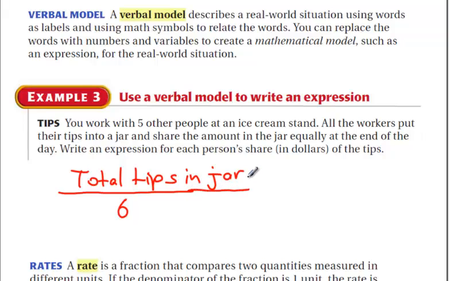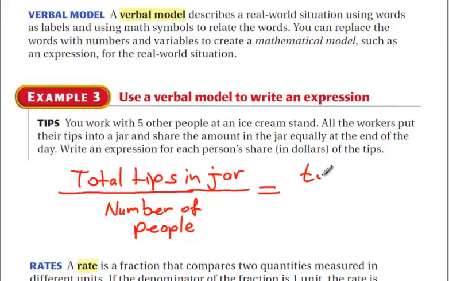So we can write them as words: total tips in jar divided by number of people. And since I know how many people are in the group, I can put the number in here. So it's 6.